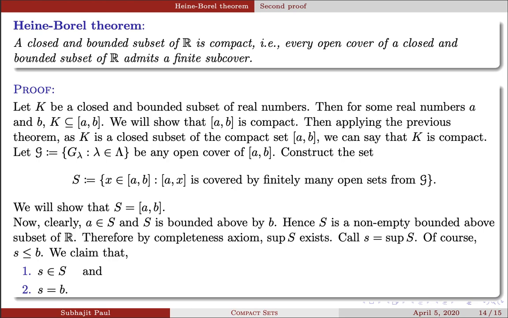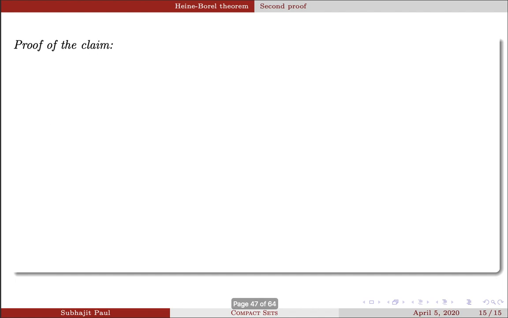But we claim that in this case it is not so: the supremum will belong to the set, which means [A,s] is covered by finitely many open sets from G, and secondly, s will be equal to B. That means the entire [A,B] is covered by finitely many open sets from G. So these are my claims. Let us see the proof of these claims.